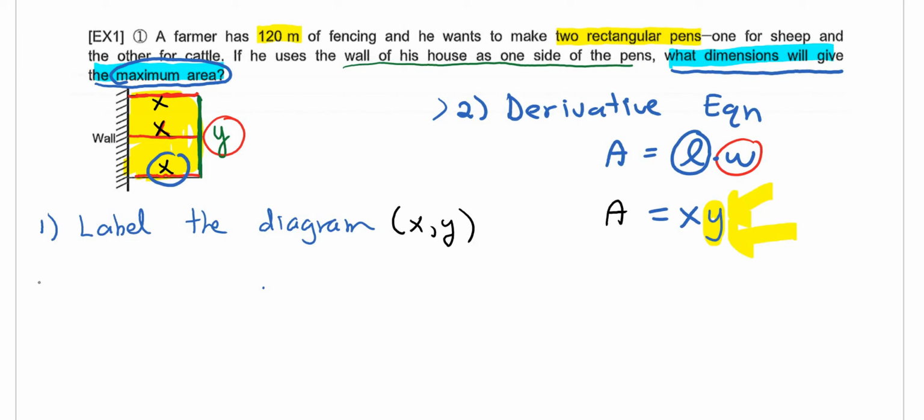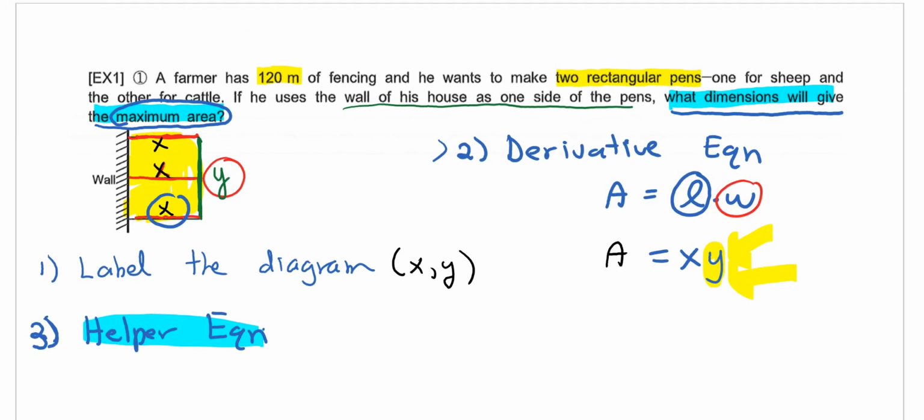The way you get rid of the y variable is in your 3rd step, you need to create a helper equation. In order to find your helper equation, you have to read the problem, and usually the helper equation goes with the number that's given to you.